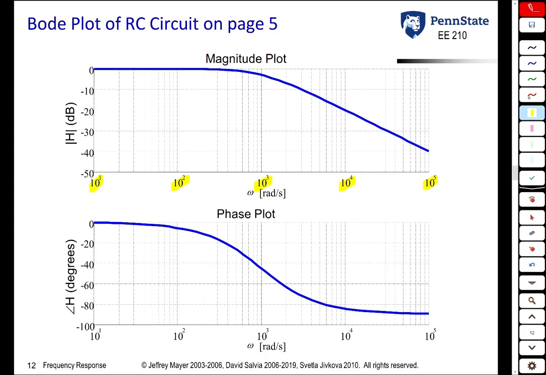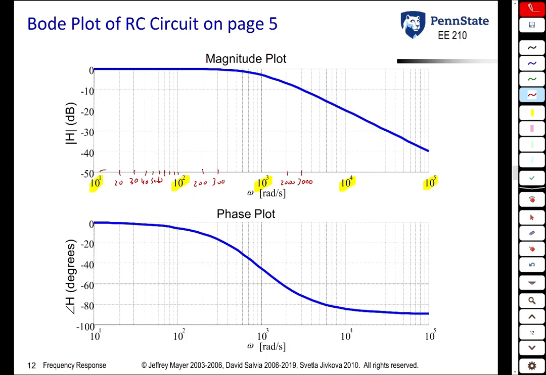Notice the lines themselves. If that's 10, this is 20, 30, 40, they get closer together, 50, 60, 70, 80, 90, 100. This would be 200, 300, etc. This would be 2,000. This would be 3,000. So as you progress to the right, the frequencies get much, much closer together.